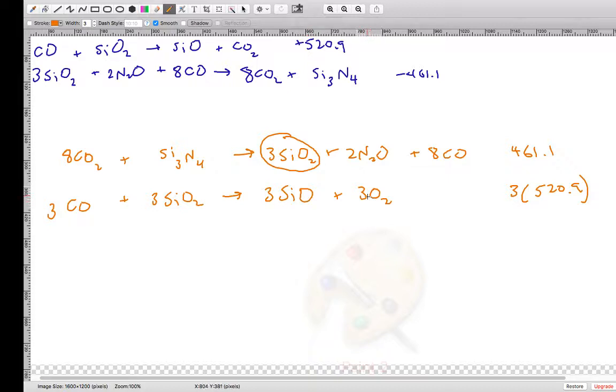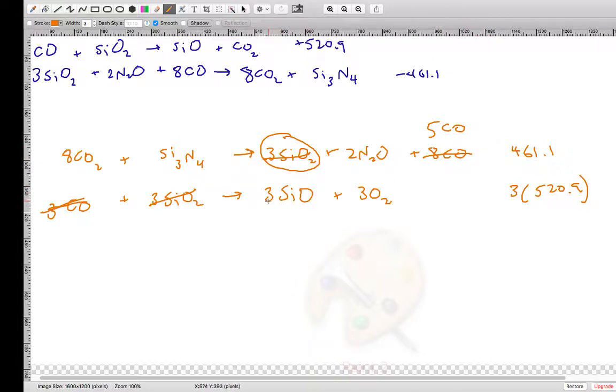I've got 3 oxygens, but I guess they're going to stay here. Huh. Now, this 3 SiO2 is going to cancel with these 3 SiO2s because this is on the left of an arrow. This is on the right of the arrow. They cancel out. I've got 3 carbon monoxides here and 8 here. So 8 minus 3 is 5, so these 3 will cancel out, and I'll cancel just 3 of these 8 out over here.